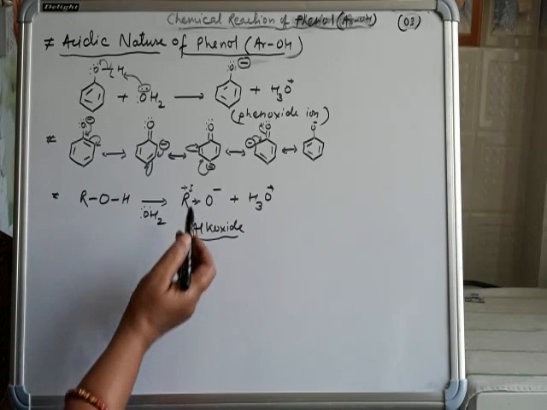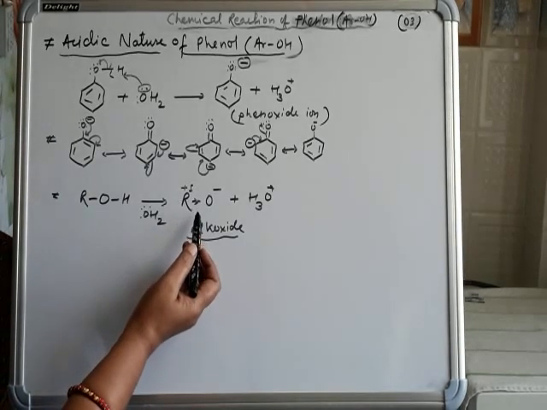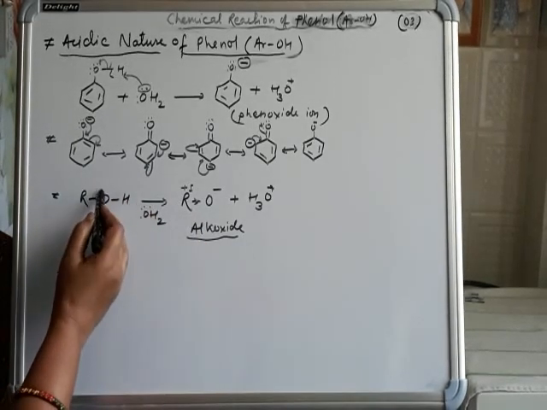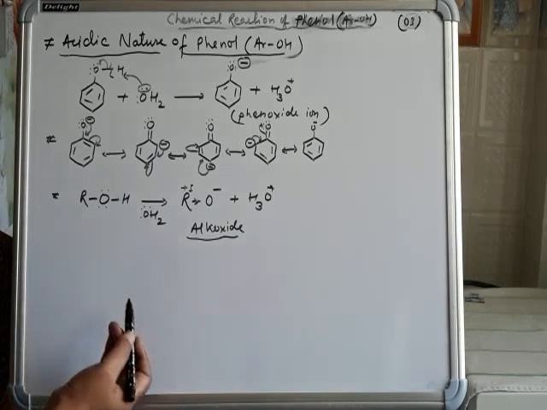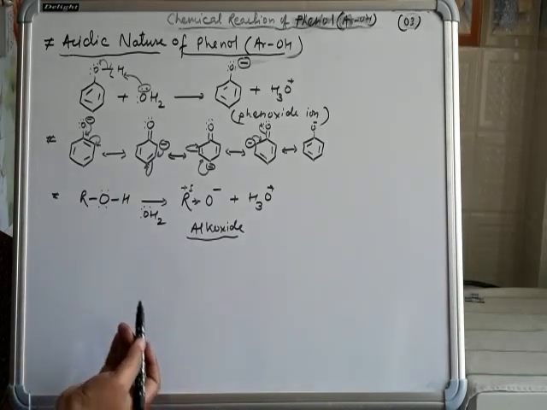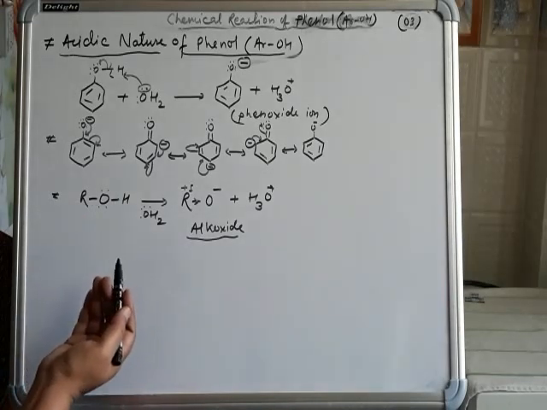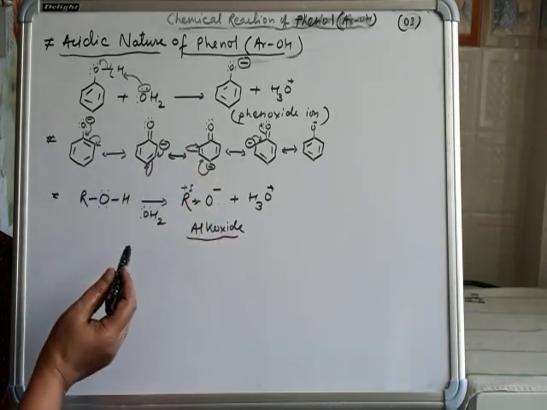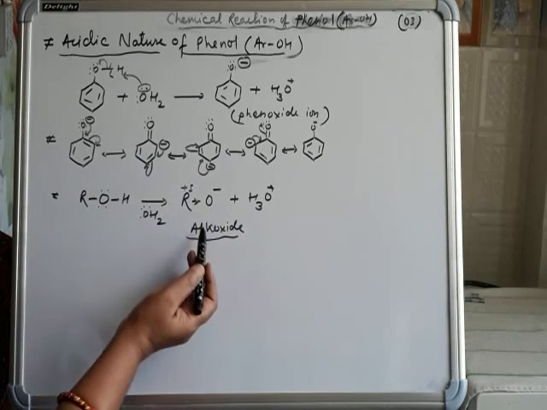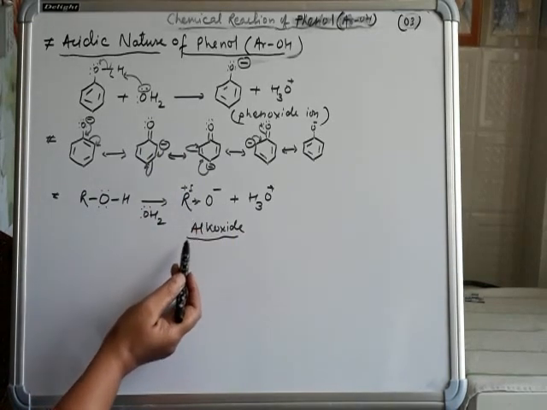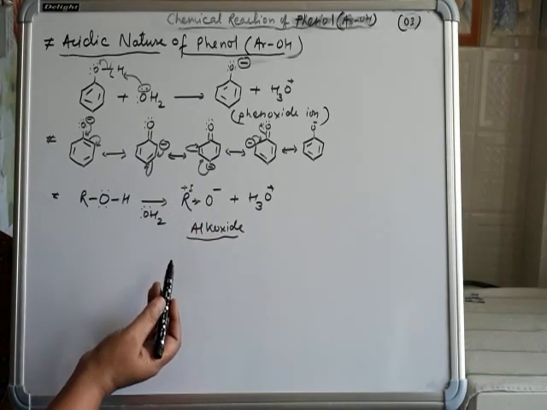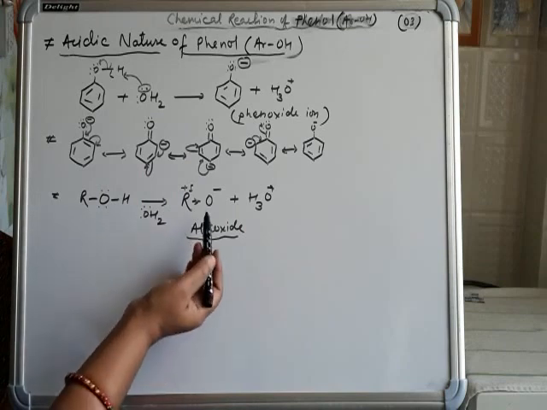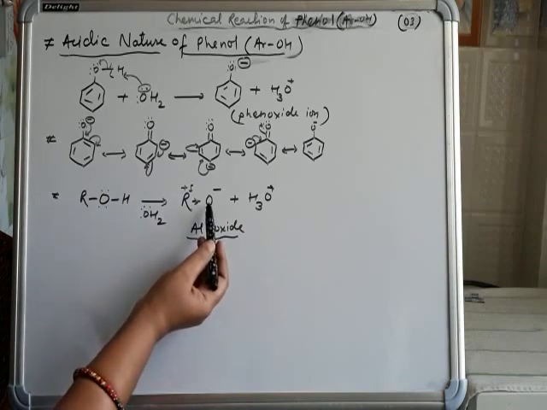So we compare which one will be more acidic, alcohol or phenol. In phenol, the conjugate base is stabilized by resonance, whereas the alkoxide ion is not stabilized by resonance, and also its oxygen is unstable due to more electron density.